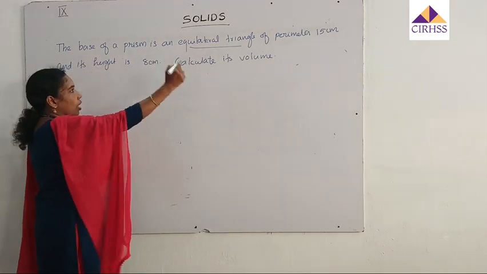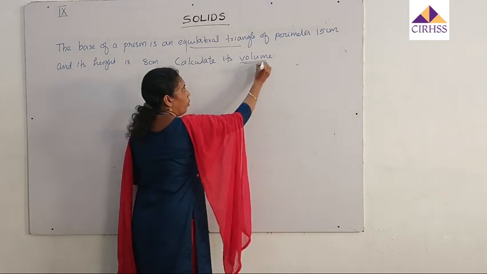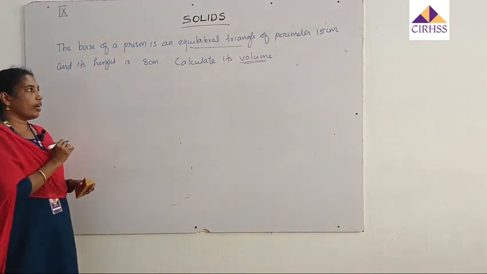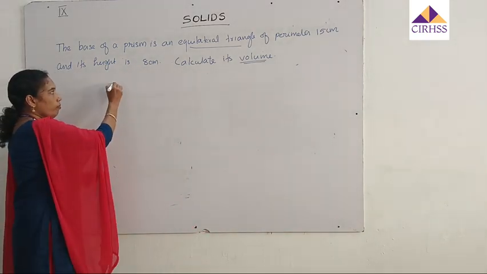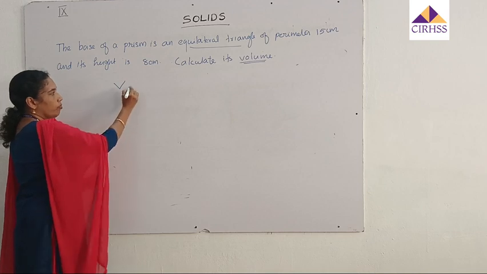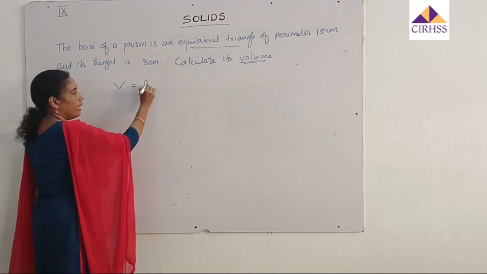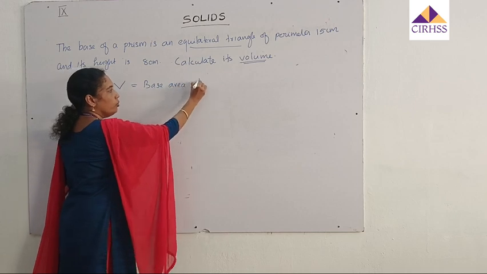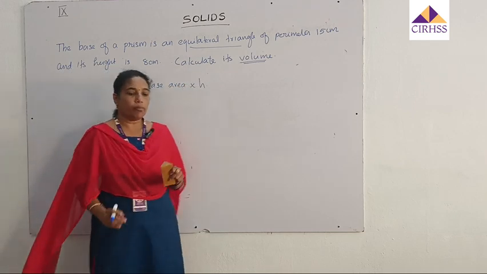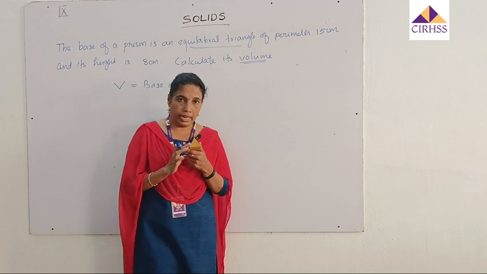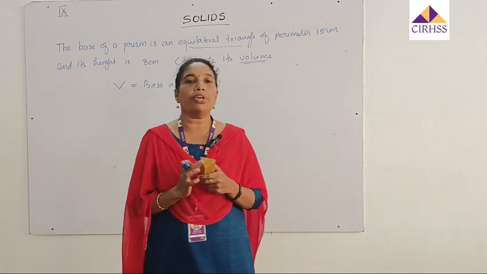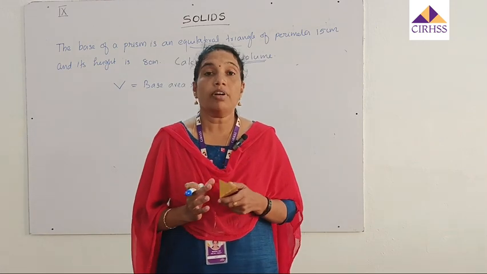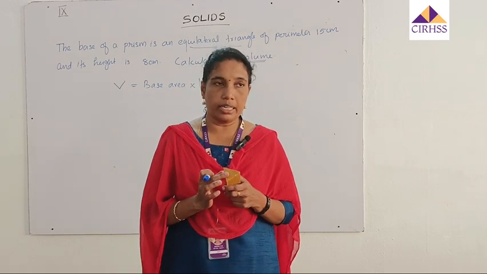So our question is find volume. Then first we can write down the formula for finding volume. Volume is equal to base area into height. So here base is a triangle, equilateral triangle. Then area of equilateral triangle. What's the area of equilateral triangle?